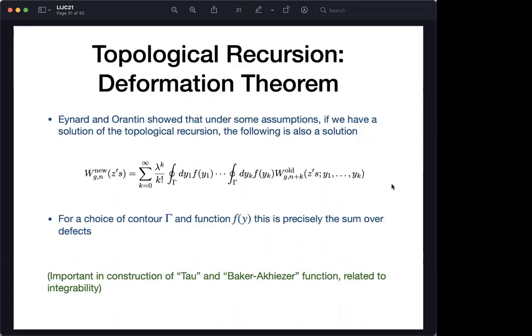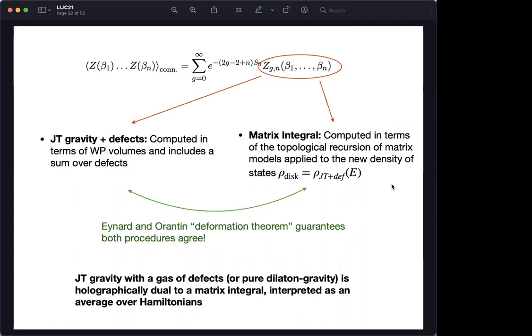So there were some things that I didn't have time to say, but let me just say the main upshot of what I was saying before is just that JT-gravity with defects is still a matrix integral. So I mentioned some calculations at genus 0, but you can extend them at any genus. And you have these quantities Z_{g,n} in JT with defects, which you get from summing over defects.